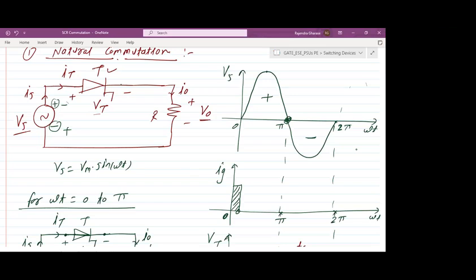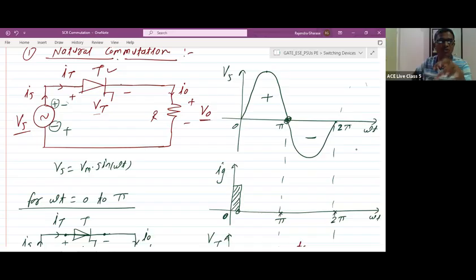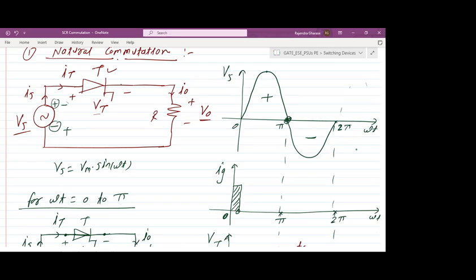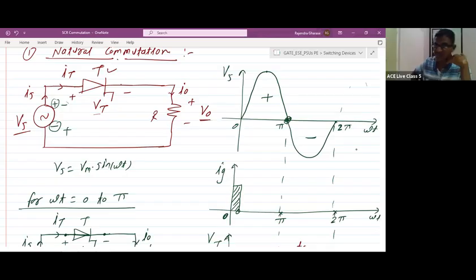That value TRR plus TGR depends on the device construction. The device manufacturer will give the value of TQ. For different constructions, different levels of doping, and different widths of the layers, you are having different TQ.